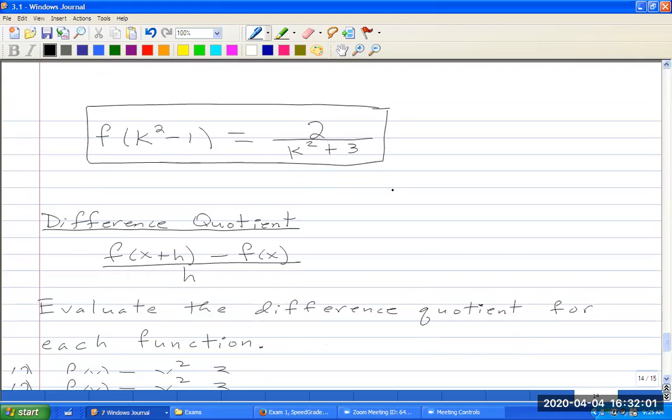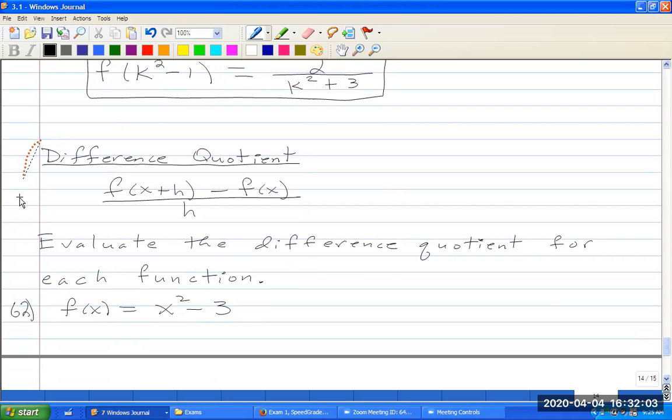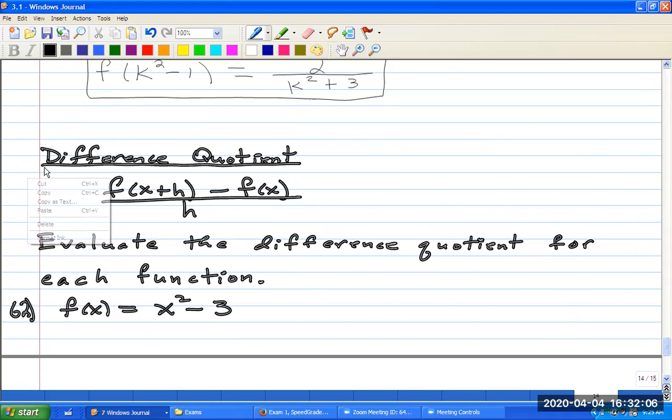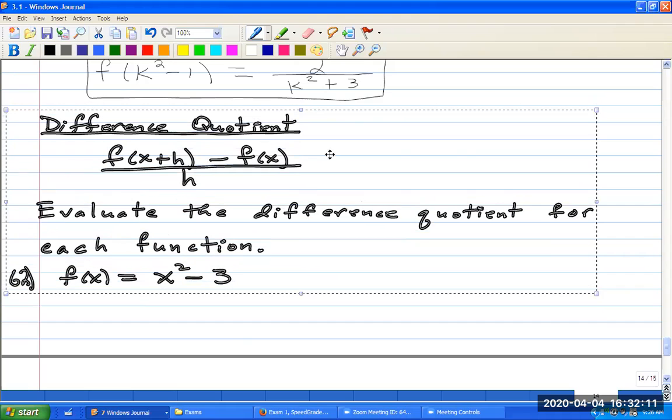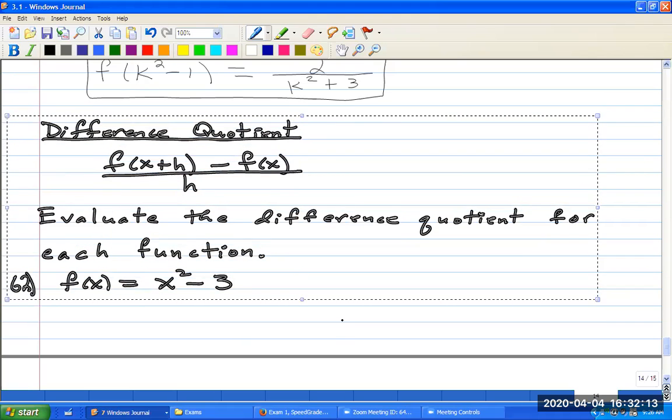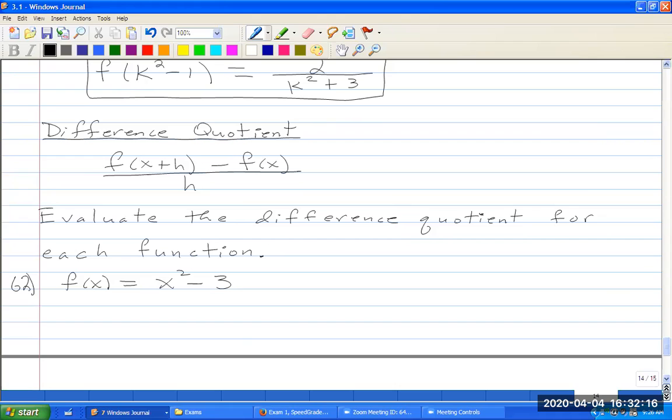Okay, so before I do the next problem, let me give the notation of the difference quotient. If I say that I want to determine the difference quotient, then I want to determine the following quantity: f at x plus h minus f at x, all divided by h.